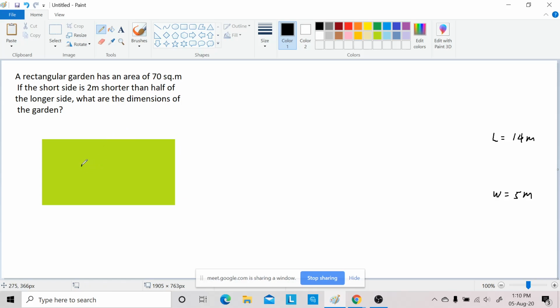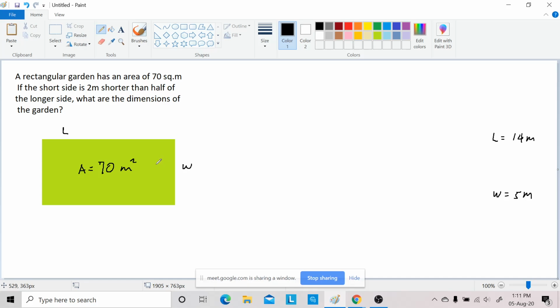Area is equal to 70 square meters, that's 70 meters squared. Okay, what else? The width. We have a width obviously, and we have the length over here.